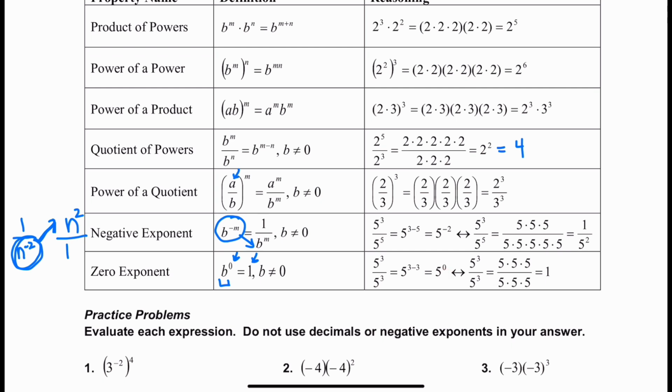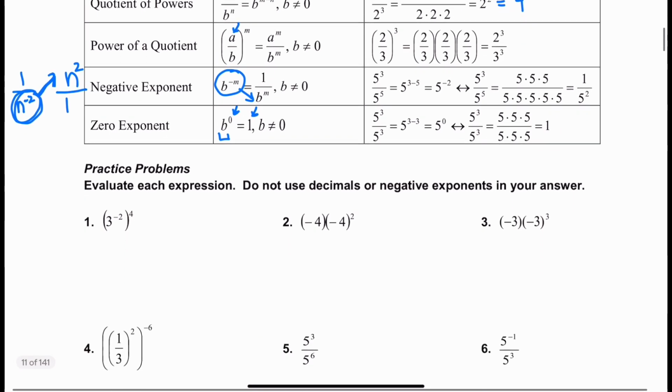Another way of saying this is 5 times 5 times 5 over 5 times 5 times 5. All of them cancel out, and our answer is going to be a 1 there. So anything to the power of 0, if we subtract those exponents, we get a 0, but that just means that everything canceled out.